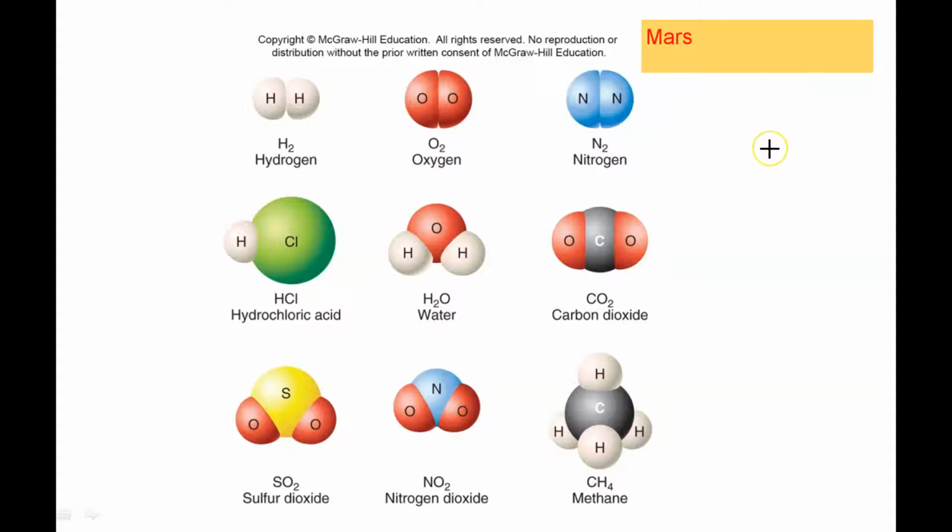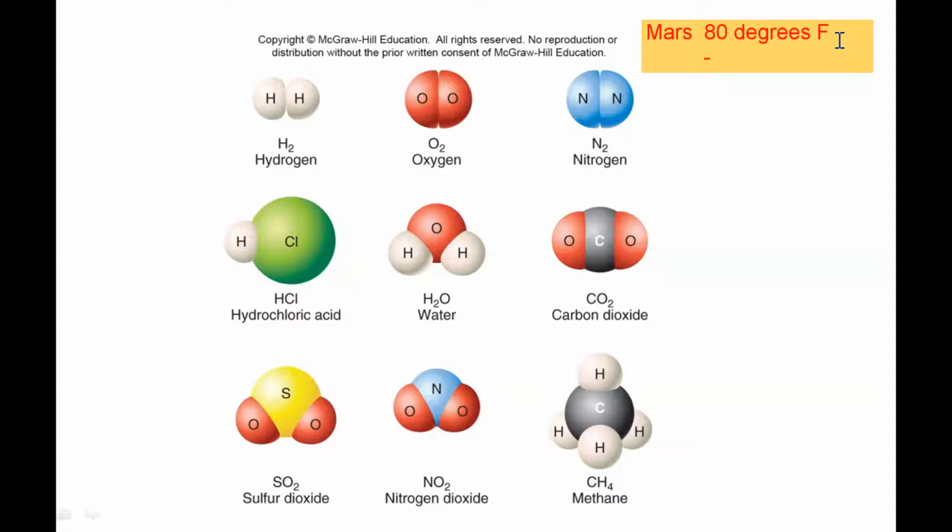So, for example, we mentioned this planet, right? The average temperature of the planet is approximately negative 80 degrees Fahrenheit. So this is pretty cold, right? Which is the same as negative 60 degrees Celsius.